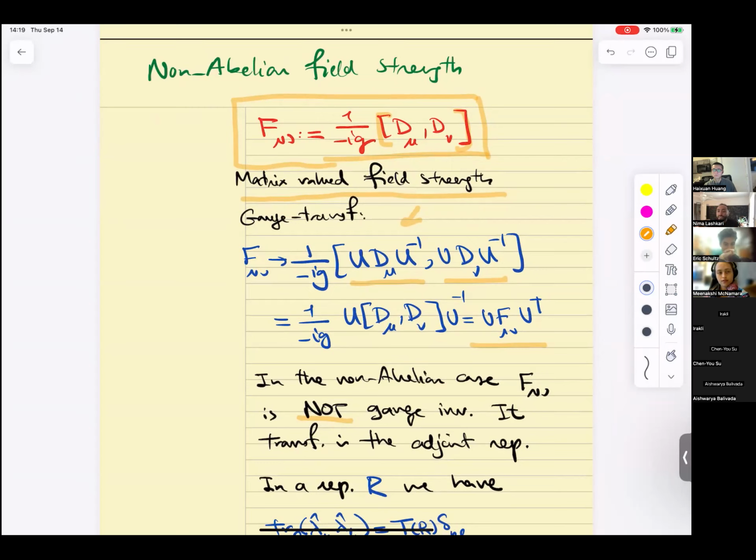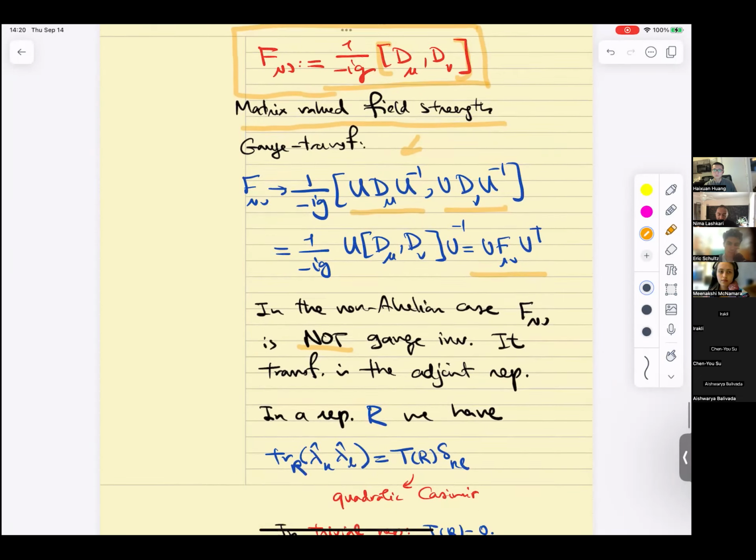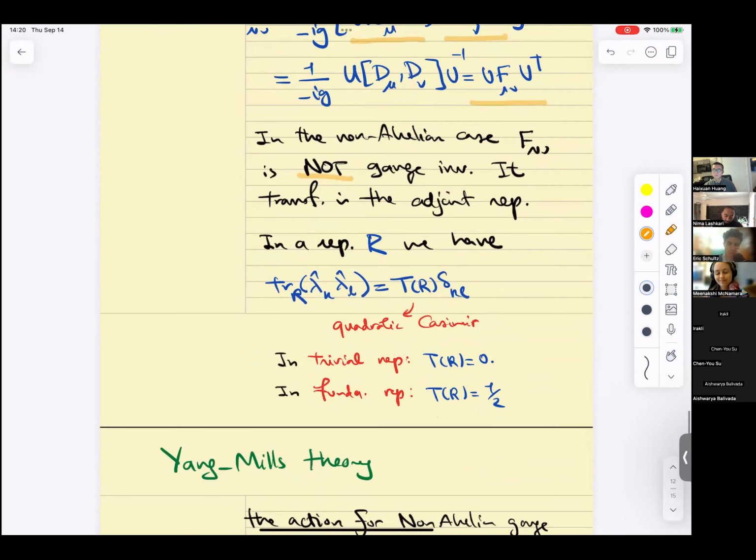We have to build out of this a Lagrangian density. Well, a Lagrangian density is a number. This is a matrix. The solution is simple. You need to take a trace of some sort.